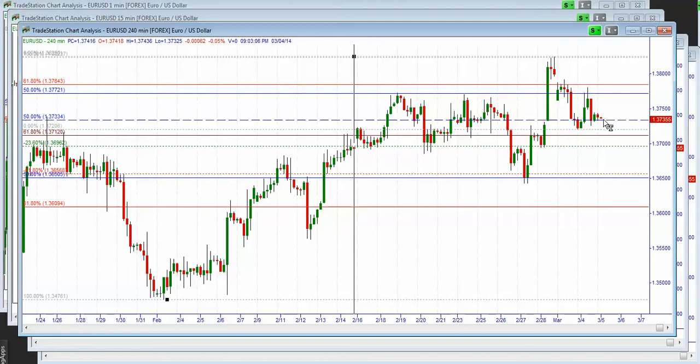So that could be the possibility here for this trade to hit the first target and then continue into the second target. That would be a very good reward to risk ratio for this trade. So congratulations to those who took this trade, which I gave yesterday.